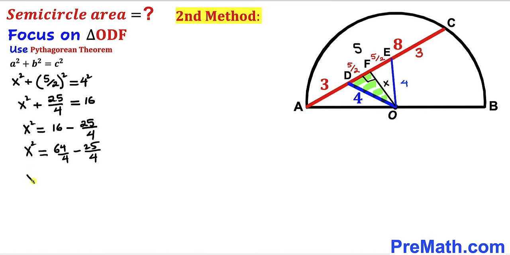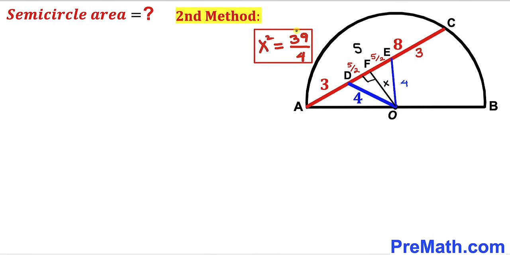So therefore x square is going to be equal to 64 minus 25 divided by 4. In other words, our x square value turns out to be 39 divided by 4.